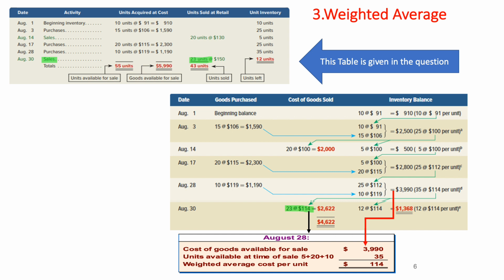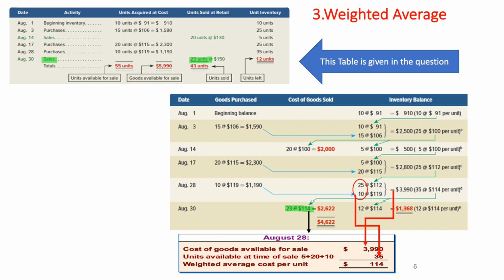How many units do we have? If you go to August 28 and see the inventory balance, we have 5 units plus 20 plus 10, or 25 plus 10, which is 35 units. This is 35 units in my inventory.